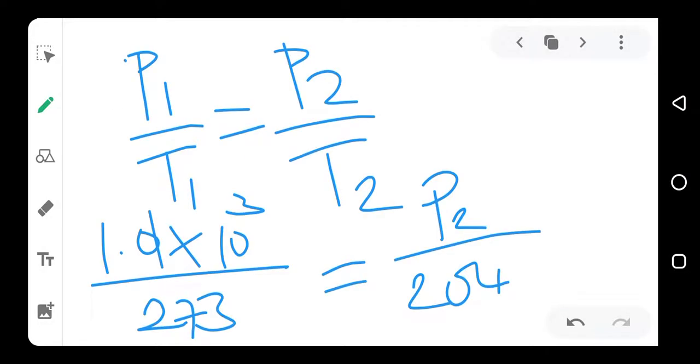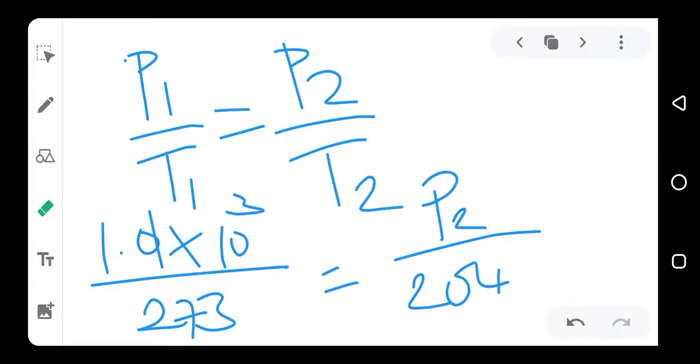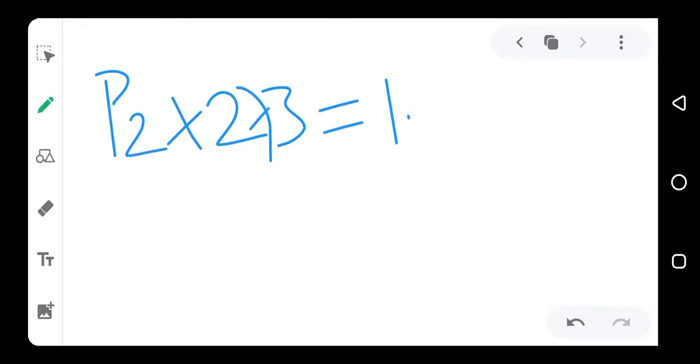We just do cross multiplication to make everything simpler for us. That means P2 times 273 is equal to 1.01 times 10 raised to power 3 times 204.